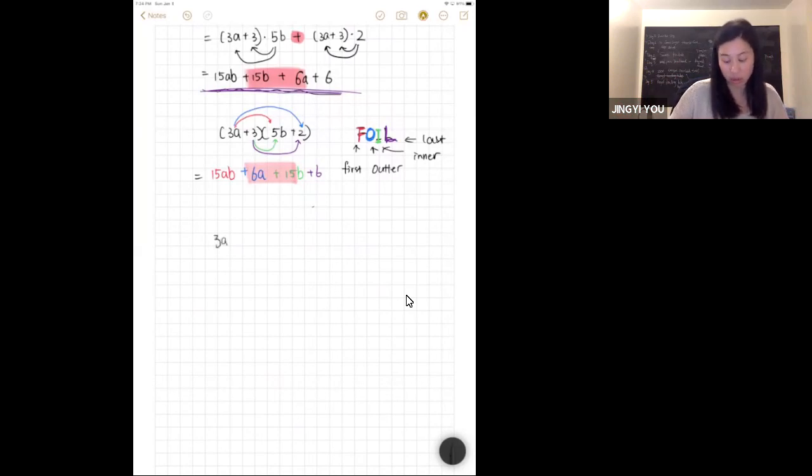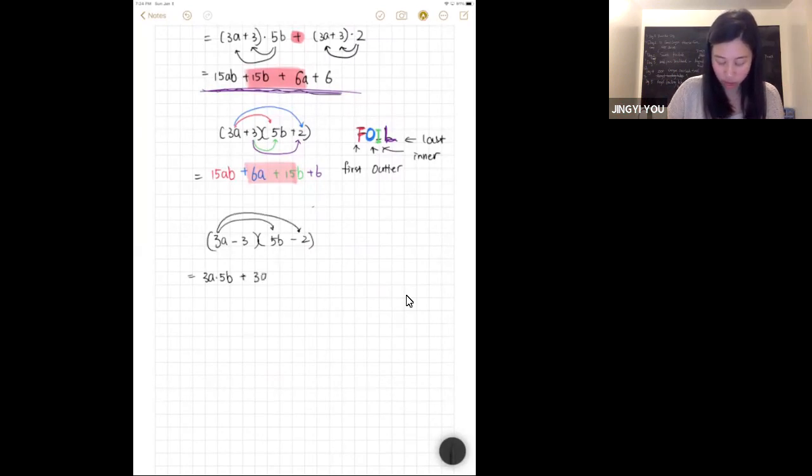Also, it's the same: 3a minus 3 times 5b minus 2. Now it's not plus, it's minus. So we use the method of FOIL. The first terms multiply together: 3a times 5b. And then the outer, which is 3a times negative 2.